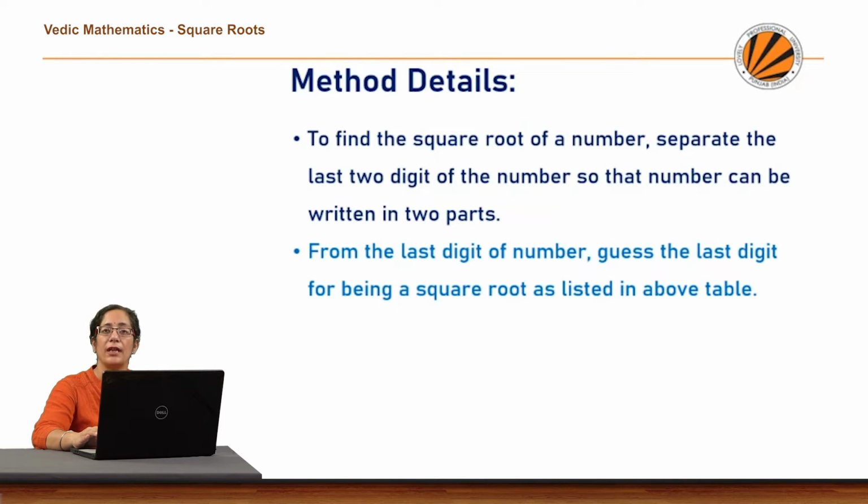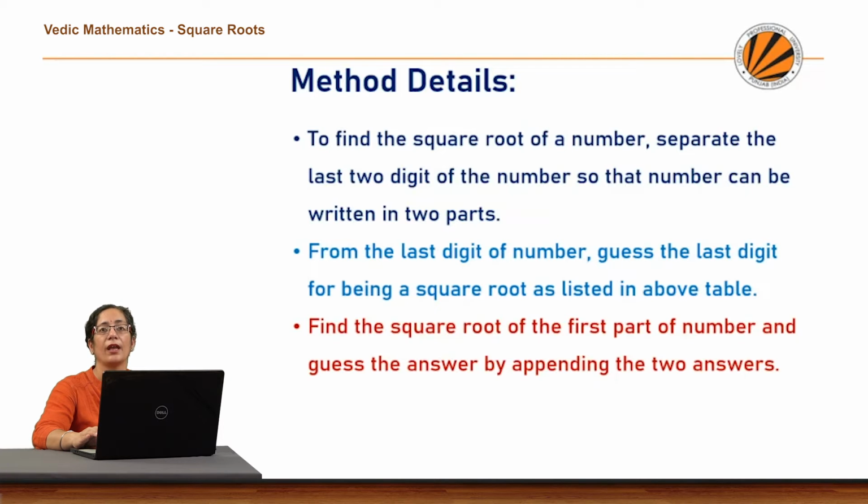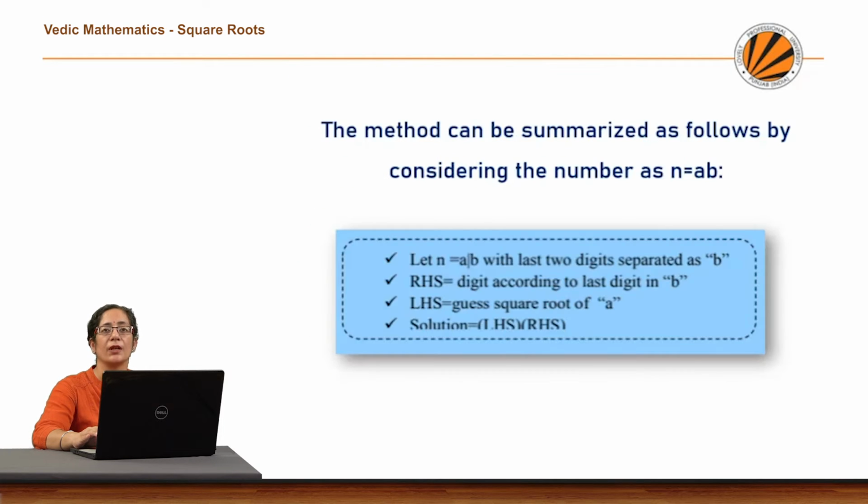From the last digit, we make a guess regarding the last digit of the square root, as we have just seen in the table. Then we find the square root of the first part and guess the answer by appending the two answers. Here I have mentioned the RHS and LHS when we take the number as A separated by B.